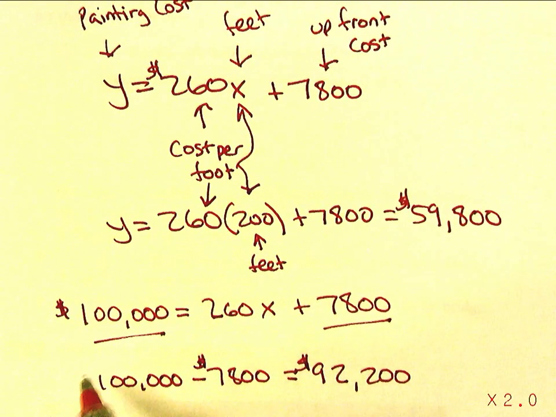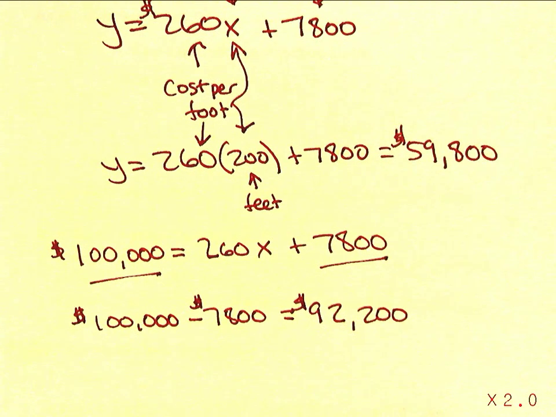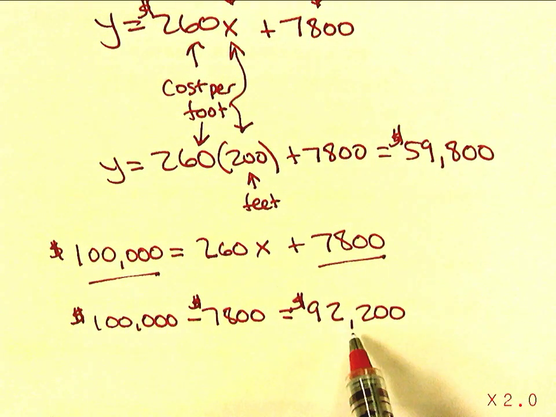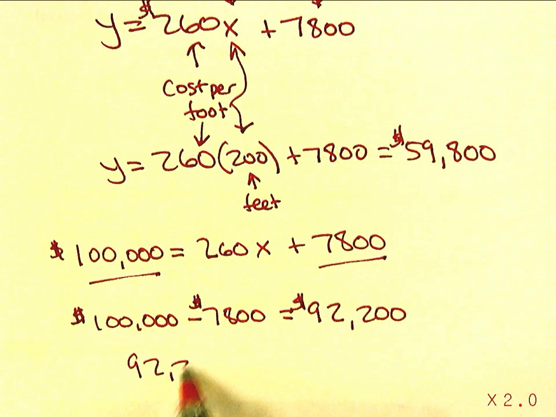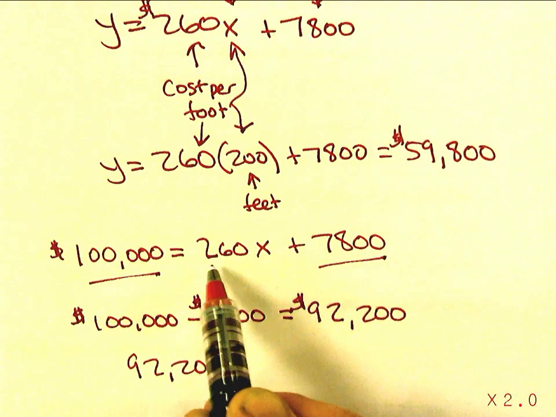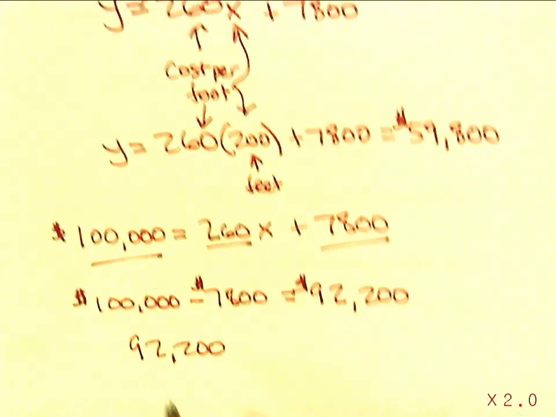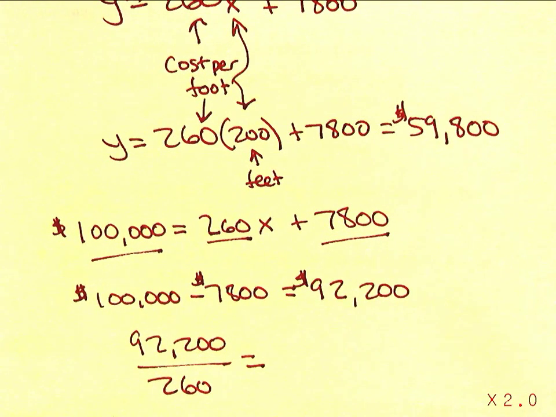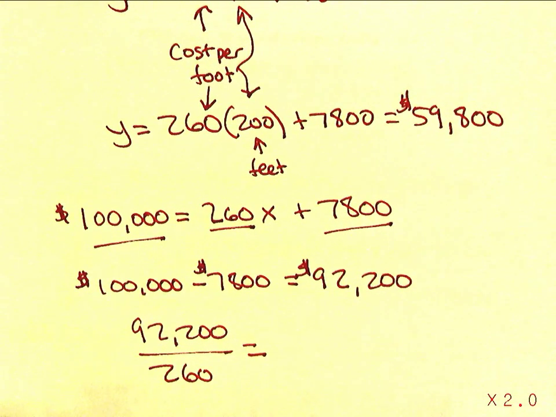Remember, these are all dollars. We're talking about a real-world problem here, where you're paying something for something. So now that I've taken that $7,800 away from the $100,000, I have $92,200, and it's $260 per foot. So I have to divide by this to get how many feet of bridge can be painted.